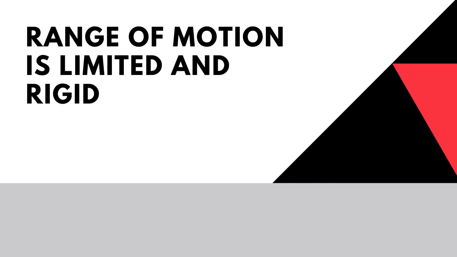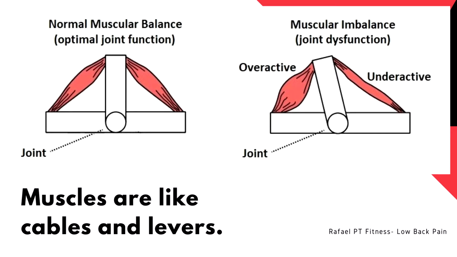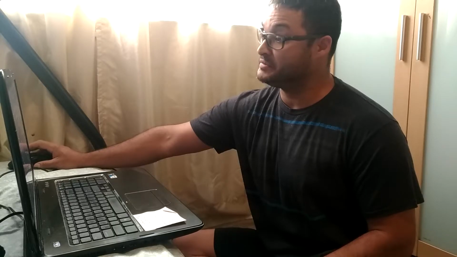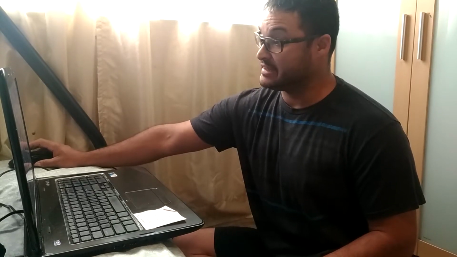So what's going to happen is your muscles are going to be like levers. A regular function will be right here, where both muscles are pulling equally. Now when you have back pain and tightness, you're going to have an overactive muscle, and that muscle is going to start pulling that joint to one side, causing the other muscle to be underactive, and you're going to have a lot of tension and strain on that muscle.